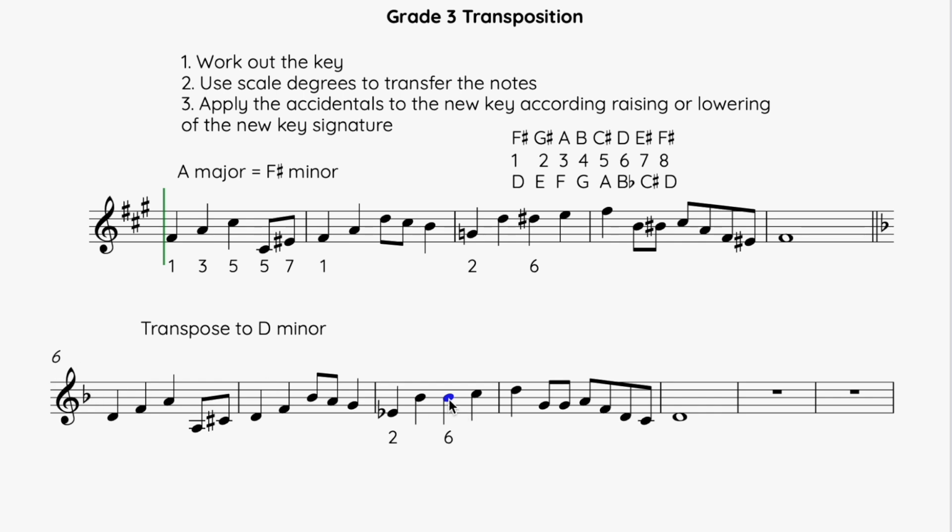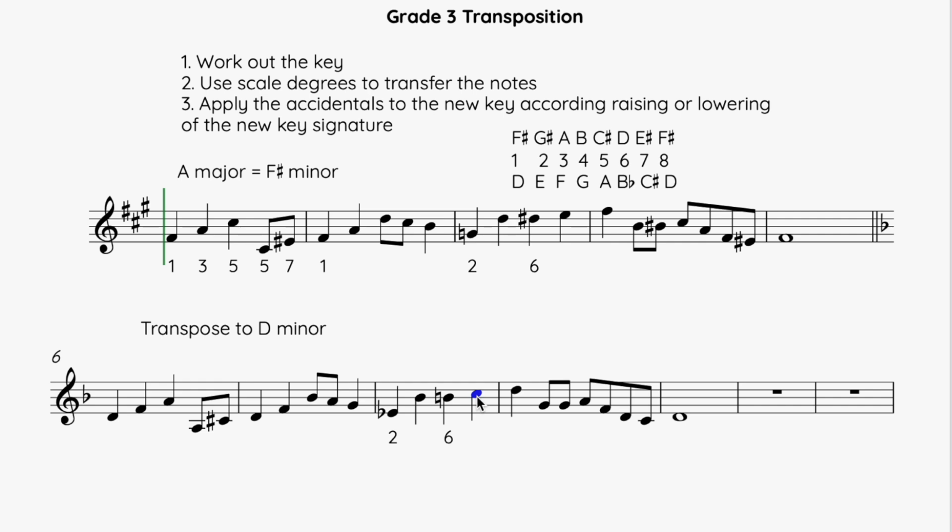So how do we raise B flat a semitone? Easy, it becomes a natural. So you see, in both of these cases, the accidental was a different sign, flat or sharp sign or natural sign, as to the original. But that's because I've had to work out the accidental according to the new key signature.